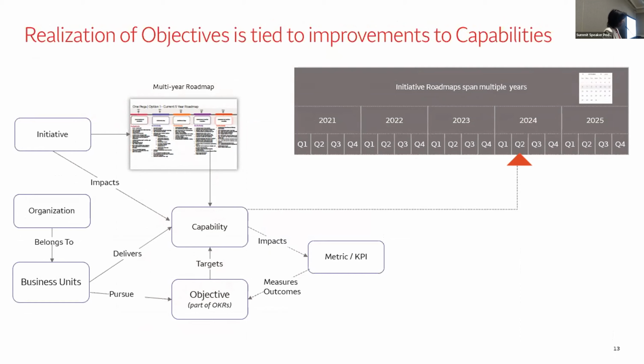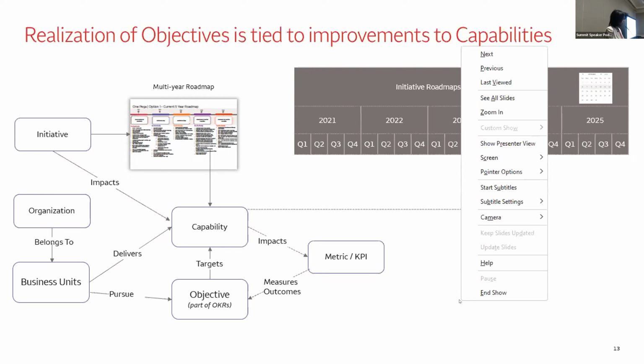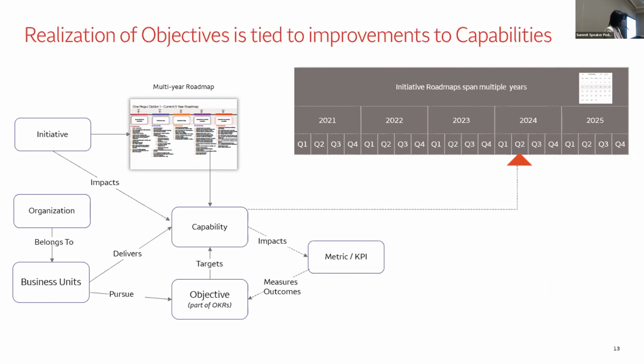And so for the initiatives, we built roadmaps for each one of them. And on those multi-year roadmaps, we did pinpoint when we were going to deliver the capability that we were improving in order to achieve those outcomes. Because often those things can kind of shift to the right. So we wanted to make sure that we had pinpointed when those would be delivered.